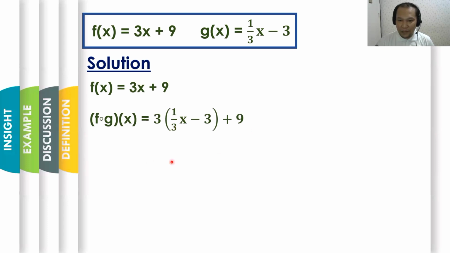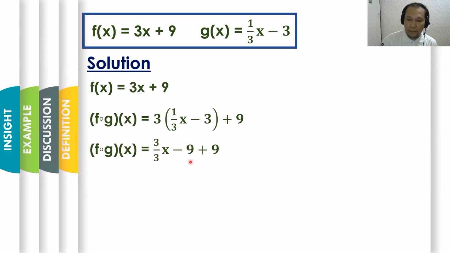Okay. Then after that, we are going to simplify. This will be 3 times 1 over 3 x, and 3 times negative 3, that is negative 9, plus 9, using the distributive property. Thus, we have 3 over 3 x minus 9 plus 9.